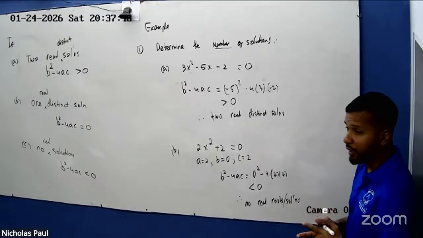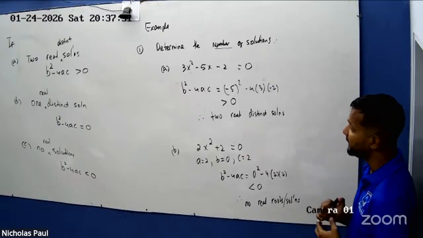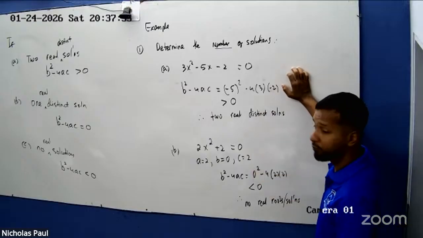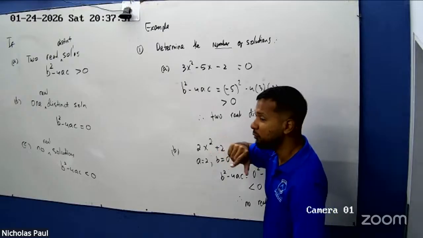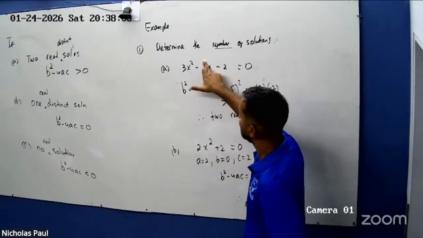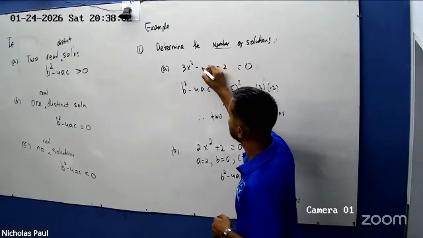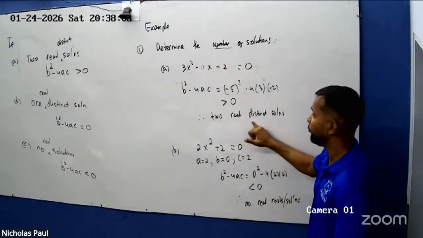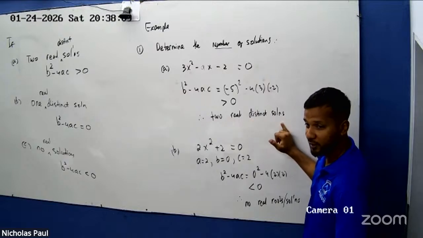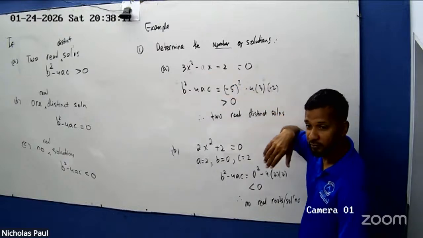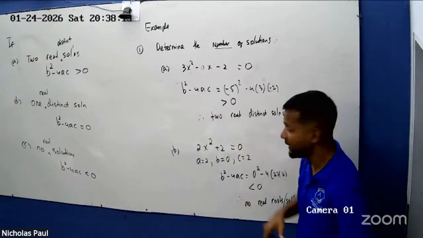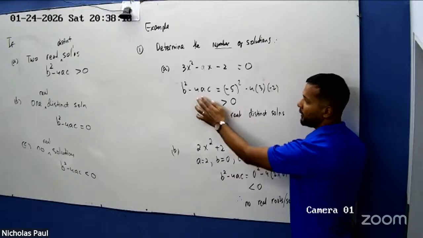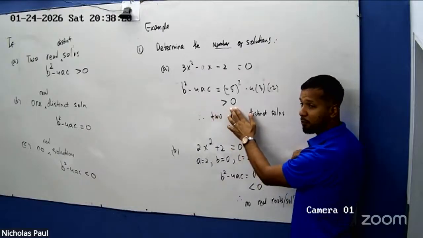Ready? I'm going to give you one that you will most likely see, and I'll do the first one for you. The question will say that it has two real distinct solutions, can you find the unknown? So we come in reverse. It tells you that it has two real solutions, so you know b squared minus 4ac is more than 0.